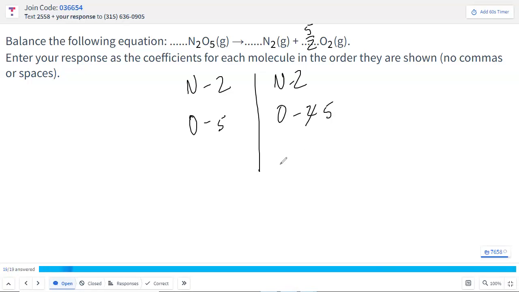Now it's balanced. But since I can't have fractional numbers, I have to multiply everything by 2. And so I would get 2 N2O5 coming into 2 nitrogen and 5 oxygen. Still get the same thing, 225, just a slightly different way that time.